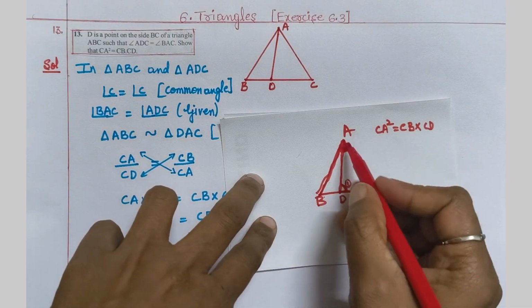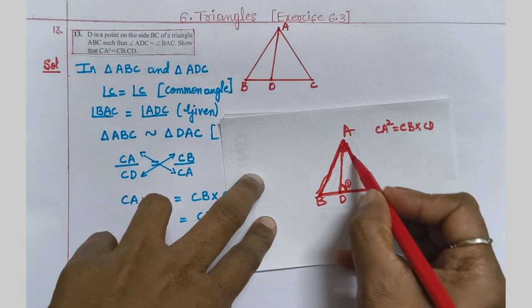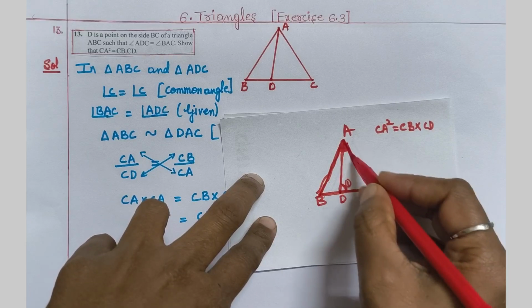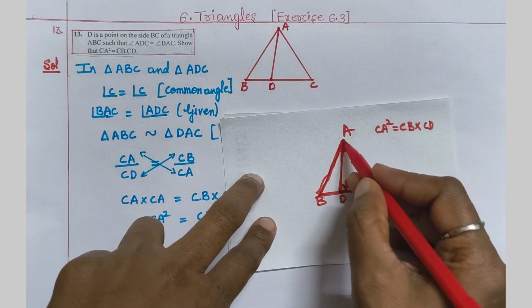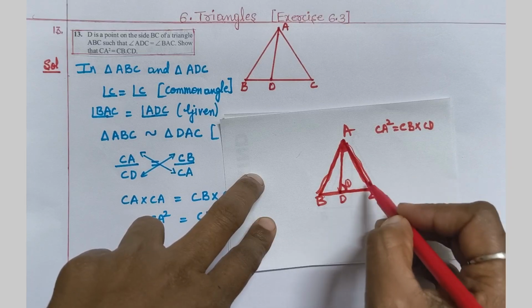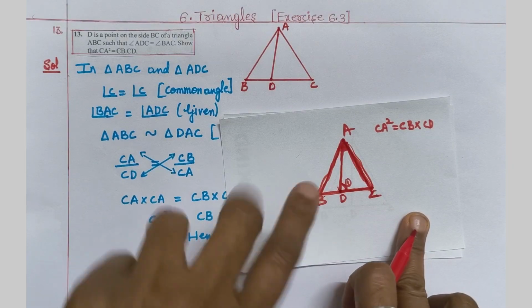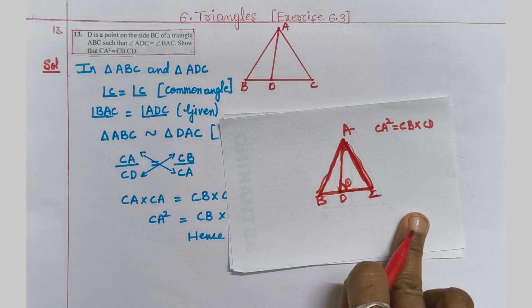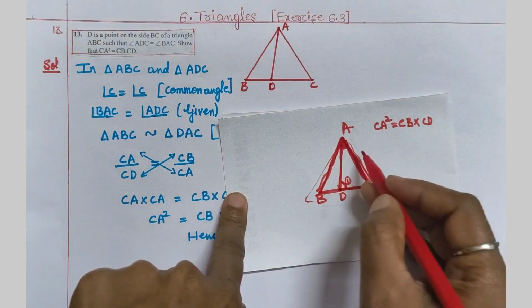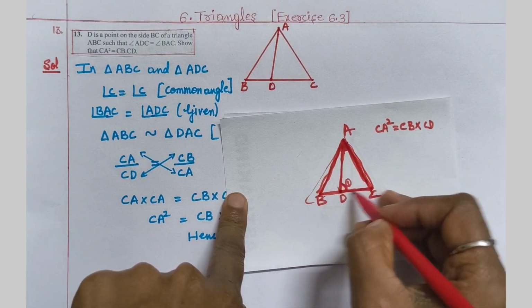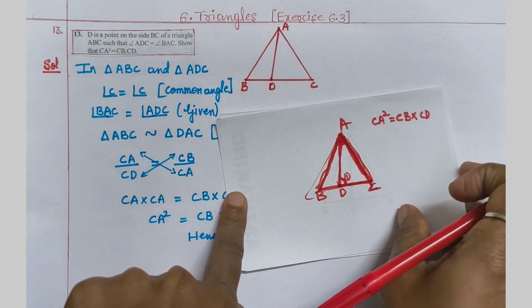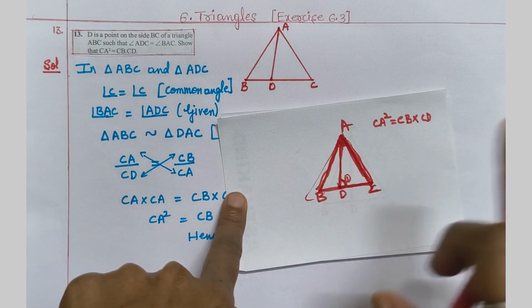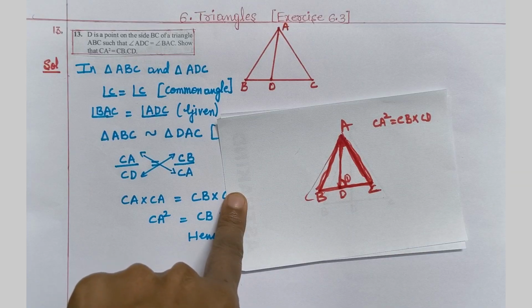First, triangle ABC, in which you will get AC. Next, we will take triangle ADC, in which again you will get AC. So first we will compare these 2 triangles. In ABC, AC is there. Next, in ADC, AD is also there. So now we will compare triangle ABC and triangle ADC.